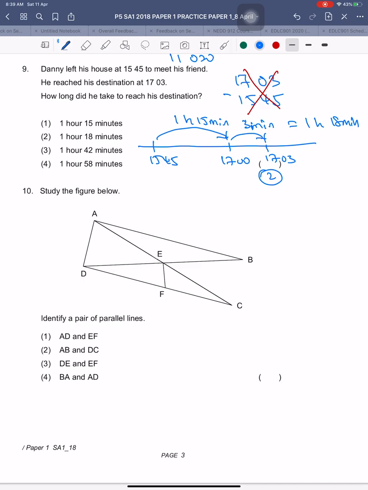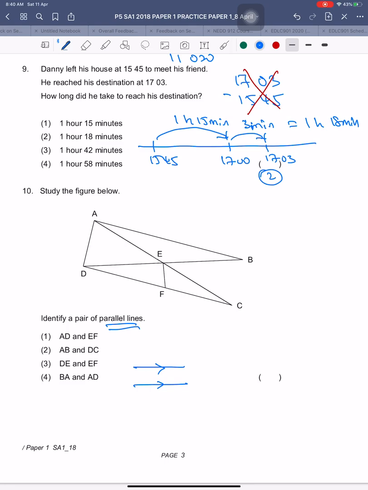Question 10. Based on the figure given to you, identify a pair of parallel lines. Okay, this is what we revised the other day. Parallel lines are lines that will never meet in either direction.